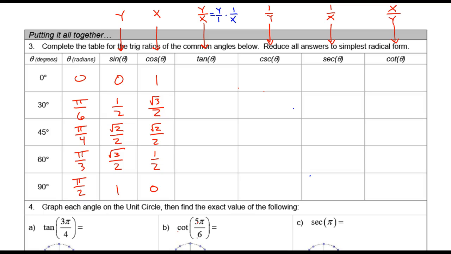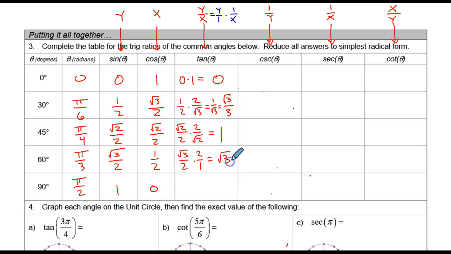That way you'll see how some things cancel out and how some things simplify. Okay, there are your tangent ratios for all the common angles in quadrant 1, and I have reduced those to simplest radical form. Let's go ahead and look at cosecant now.